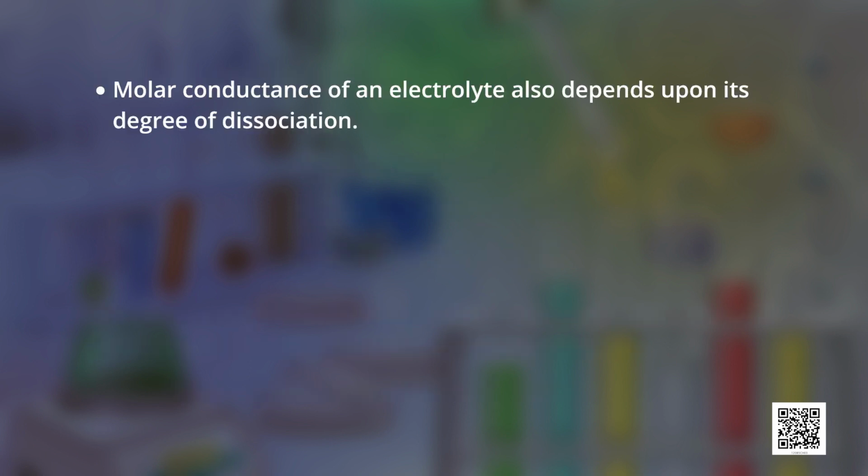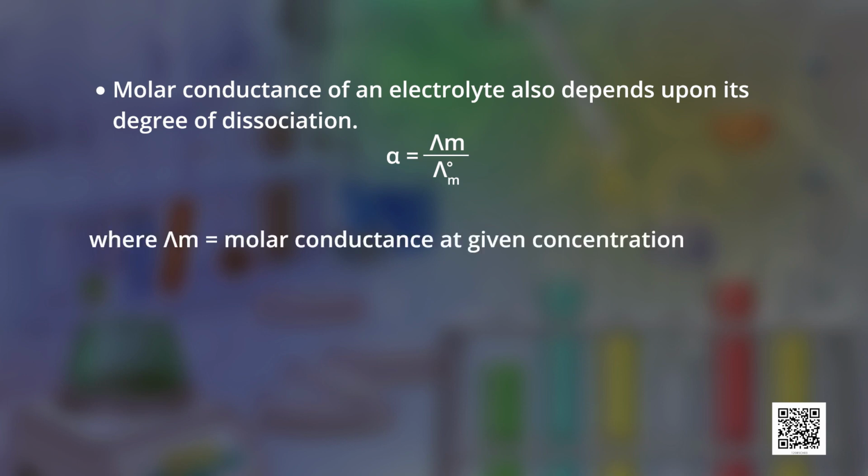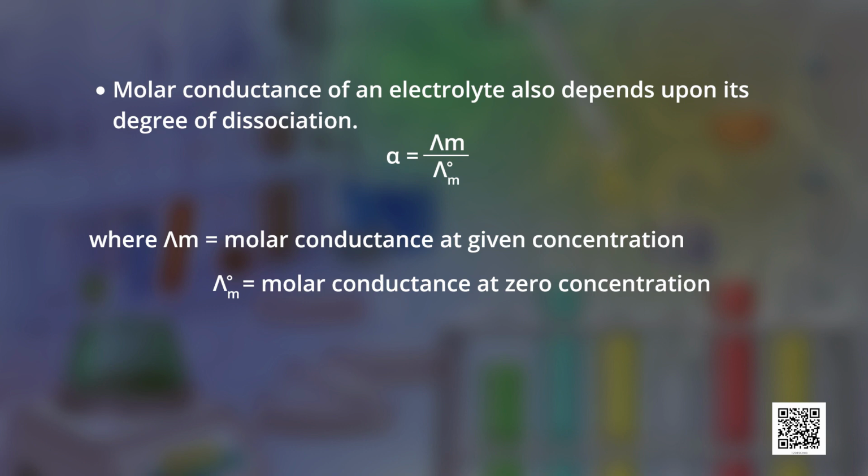Molar conductance of an electrolyte also depends upon its degree of dissociation. Alpha is the degree of dissociation, which is equal to lambda m upon lambda m naught, where lambda m is the molar conductance at given concentration and lambda m naught is the molar conductance at zero concentration.